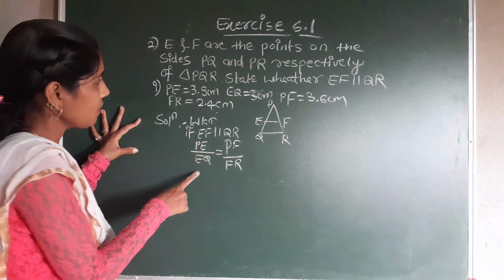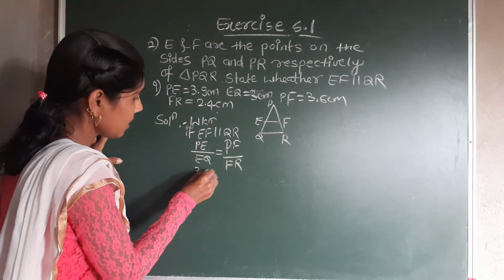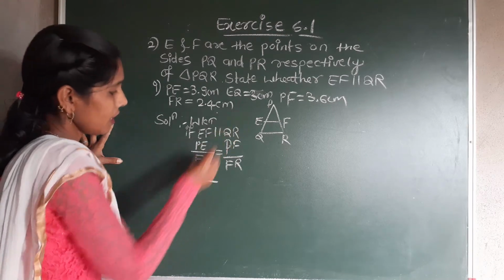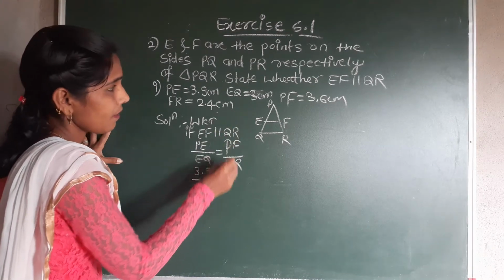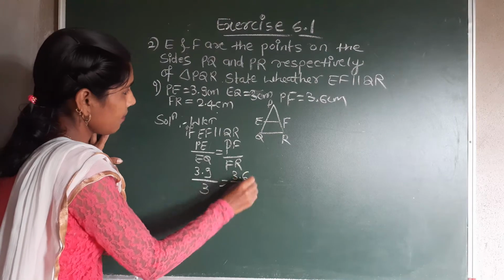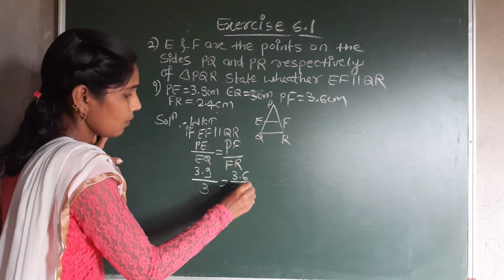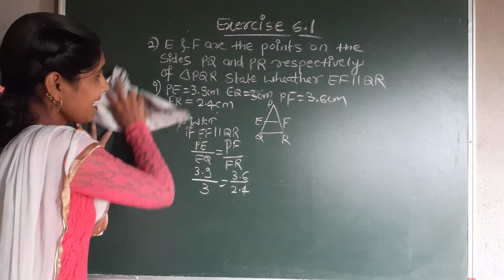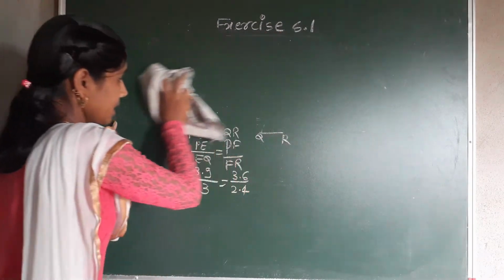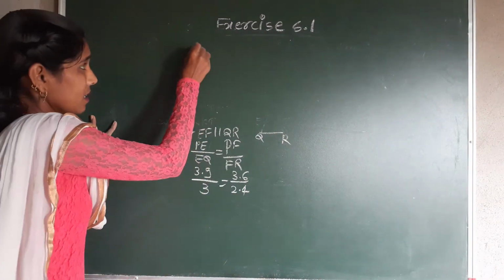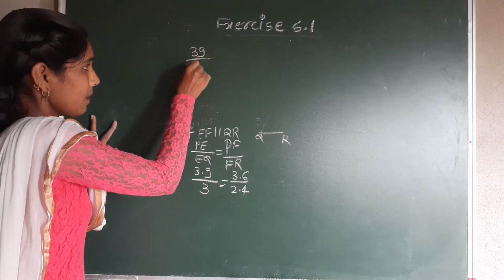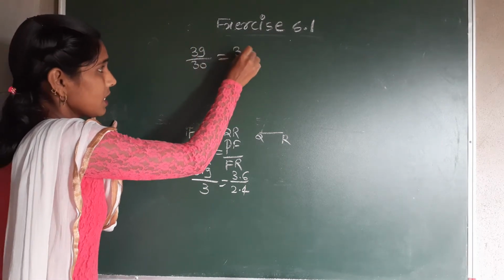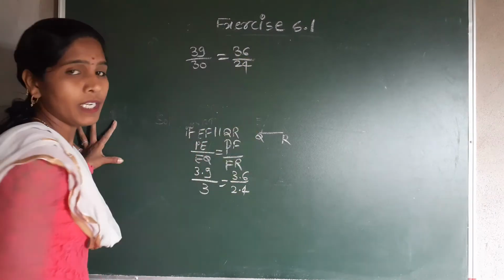Put these values given. PE given here 3.9, EQ given here 3, PF given here 3.6 and FR given here 2.4. Multiply both sides by 10. Then 39 divided by 30 is equal to 36 divided by 24.